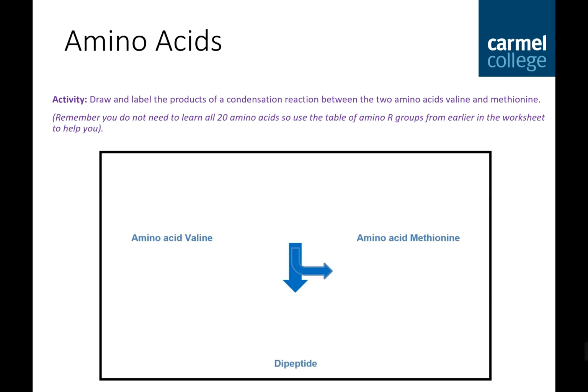You can now use that table of R groups to help you to draw the structure of the amino acid valine and the amino acid methionine. Once you have done that, I'd like you to show me the product of the combination of those 2 amino acids, the dipeptide. And I'd like you to include any other products that are formed in this reaction.